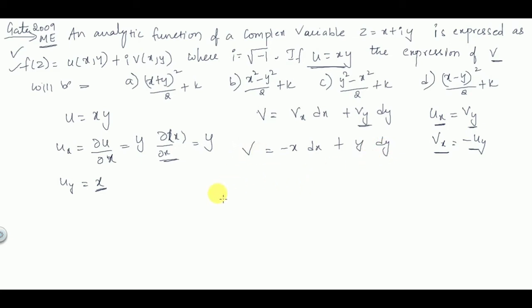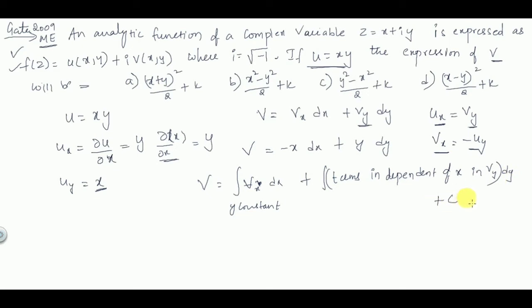This is the same. So v is equal to integral of minus vx dx, treating y as constant, plus terms independent of x in vy dy, plus c.